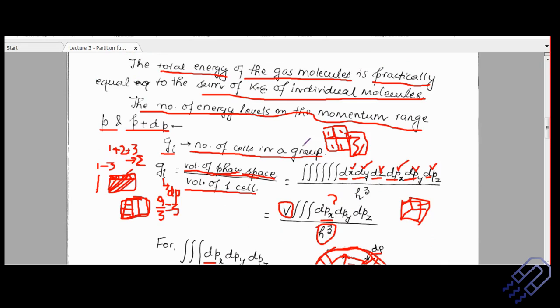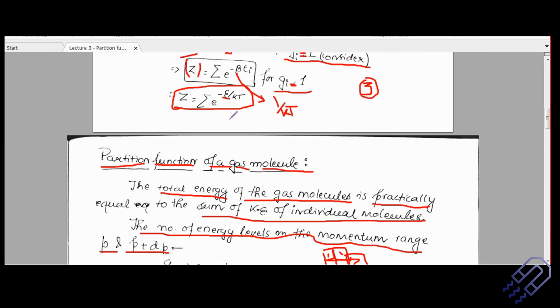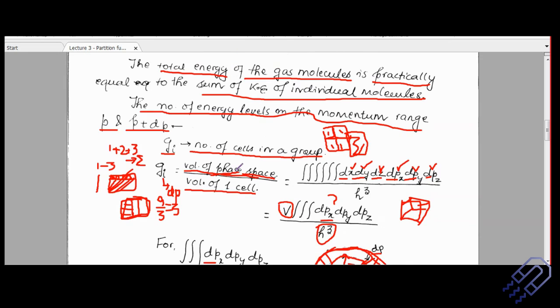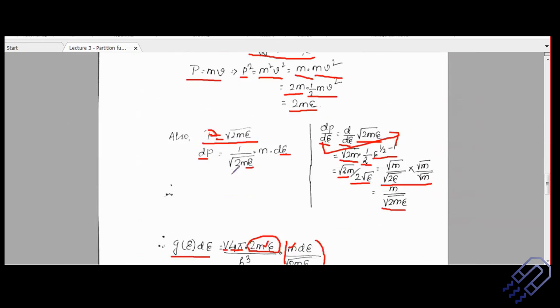If I consider a simple partition function, summation of e to the power minus epsilon divided by kT, with i going from 1, 2, 3, there are 3 values: e to the power minus epsilon 1 by kT plus e to the power minus epsilon 2 by kT plus e to the power minus epsilon 3 by kT. That gives information about the energy distribution within the gas molecule at a particular absolute temperature.